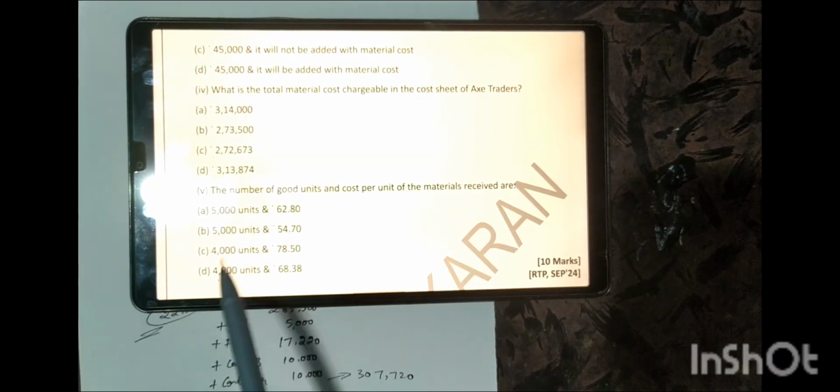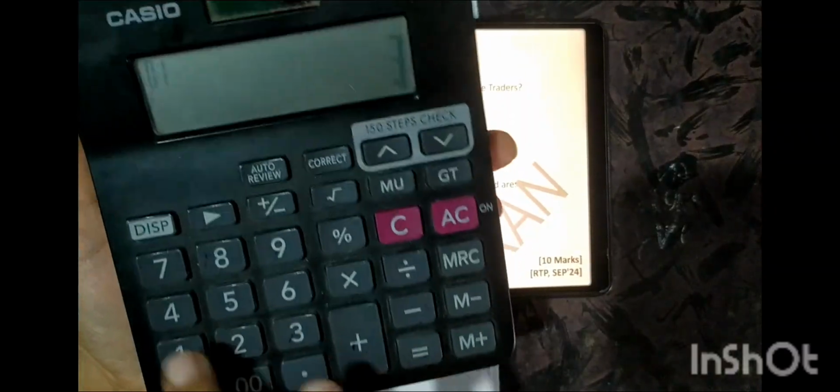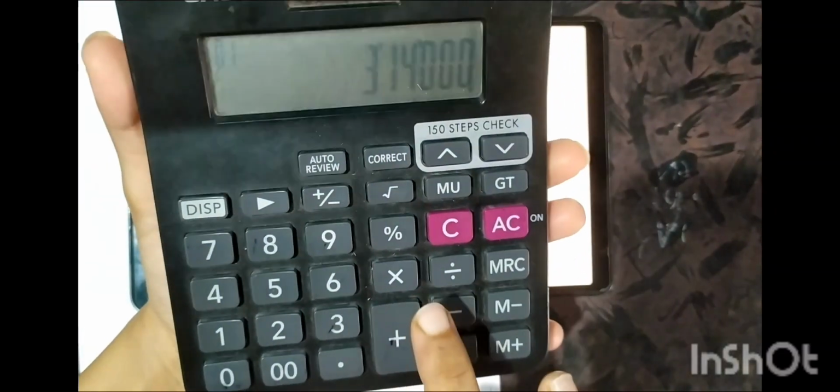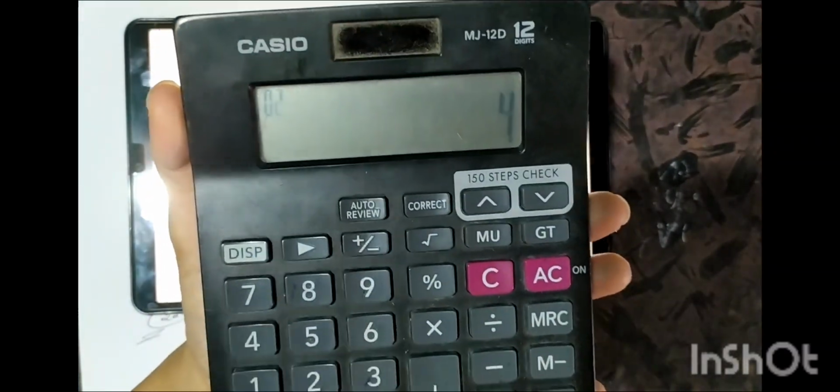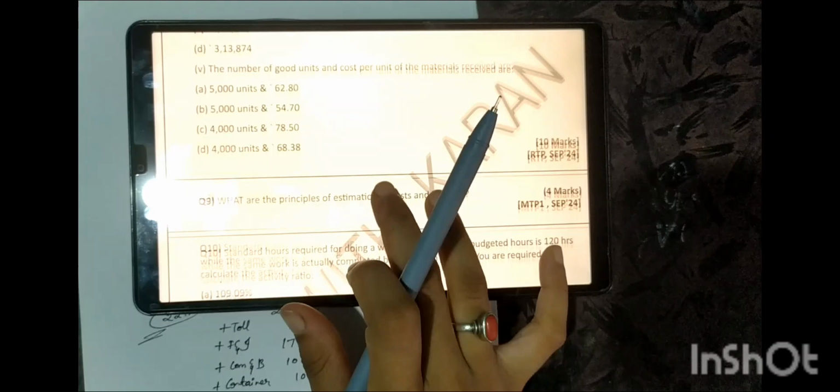Number of good units is 4,000 and cost per unit is 3,14,000 upon how many good units? 4,000. So it is 78.5. So 4,000 and 78.5 is option C. So done with the 8th question.